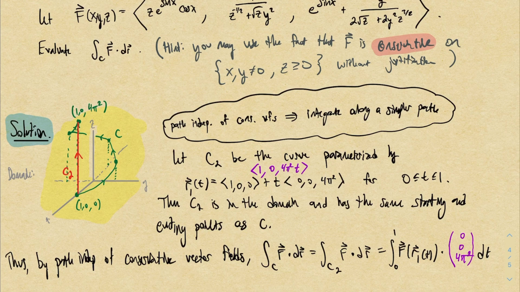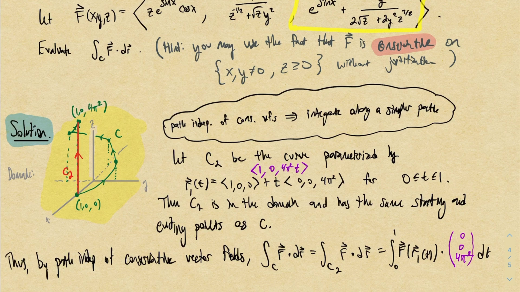But we're going to take the dot product of something with the vector (0, 0, 4 pi squared). The only thing that will survive that dot product is the z-coordinate of the vector field vector. So in the end, we'll get 4 pi squared times the z-coordinate of the vector field.